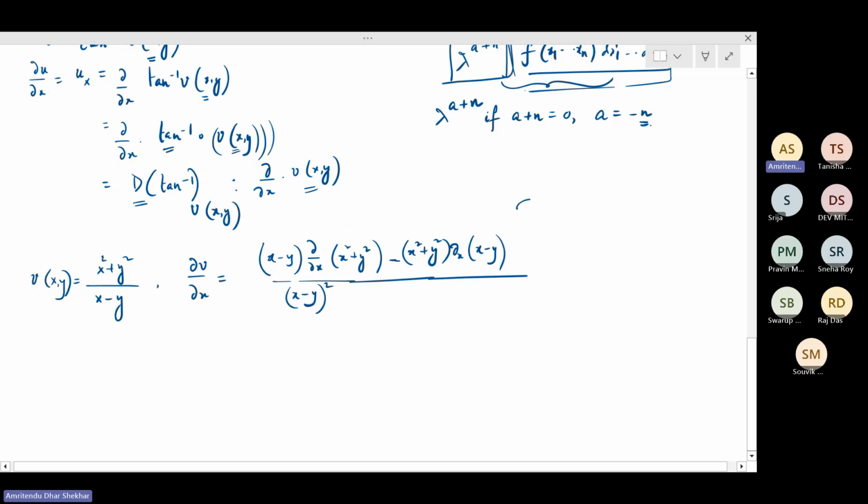Sometimes I'll write this partial derivative operator as del x, a short form for del upon del x. That's how you compute the partial derivative.